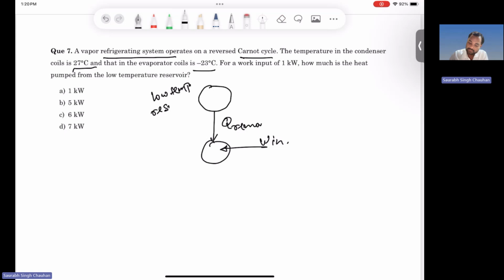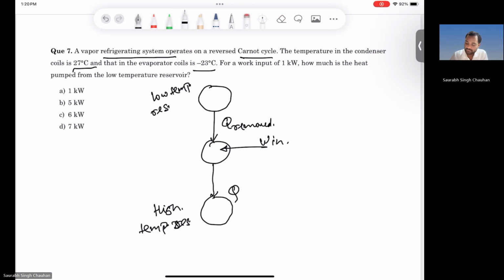Heat is removed, and heat is thrown into a high temperature reservoir, right? Heat input, let us say.